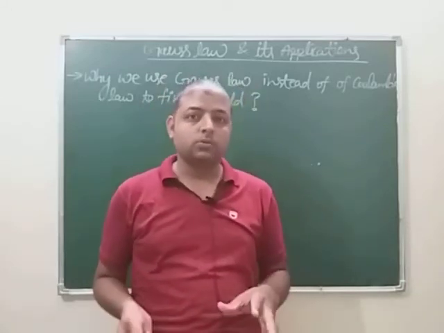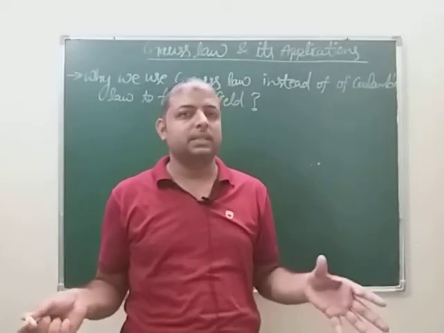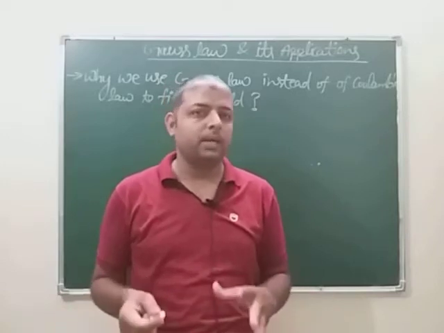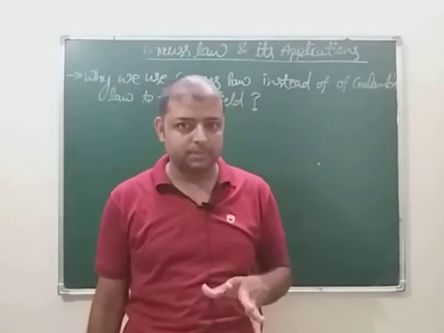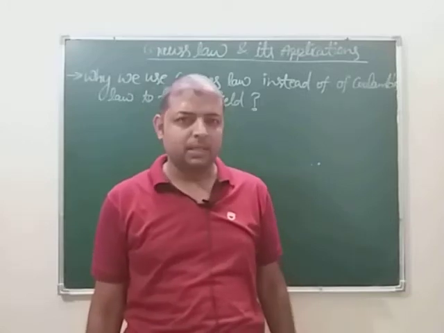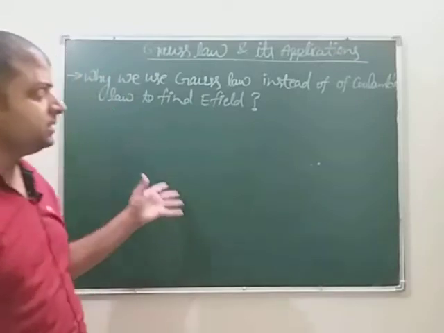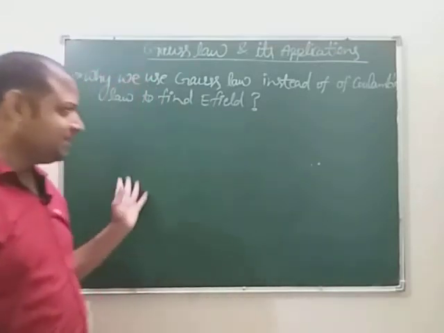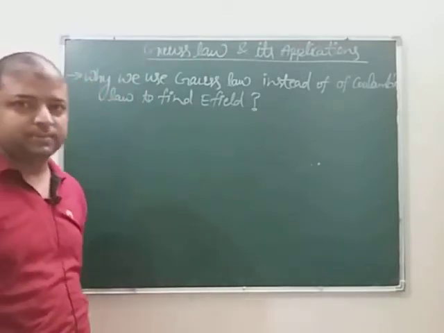But at macroscopic level, where thousands, millions and billions of charges are there, we cannot apply Coulomb's law, because finding the resultant will be a very complex procedure, as electric field is also a vector quantity. So Coulomb's law will be impractical. Suppose we have a metal sheet of the size of this board. It is a conductor, so it contains lakhs and crores of free electrons.